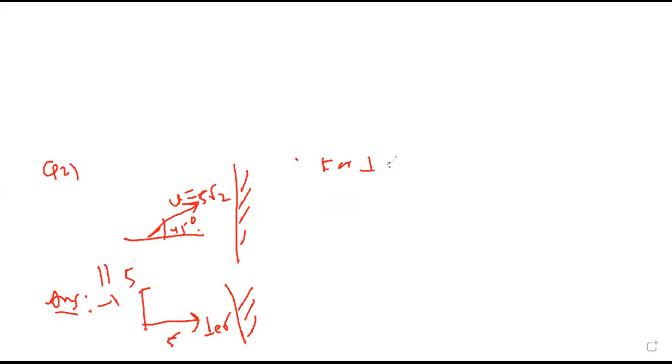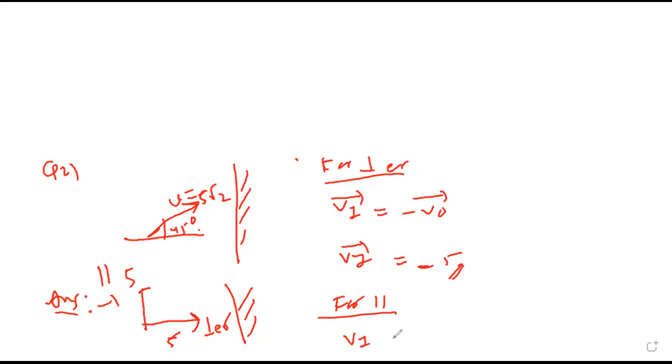For perpendicular, V image is minus of V object, correct? Yes. So V image will be minus of 5. This is moving to the right, so plus 5, image will be minus 5. For parallel, V image is the same as V object, which will be 5.